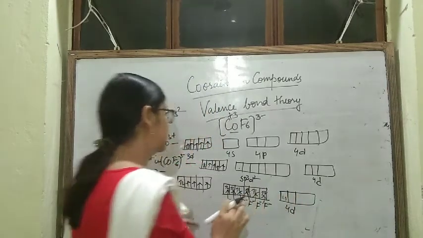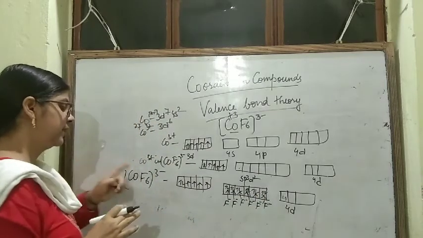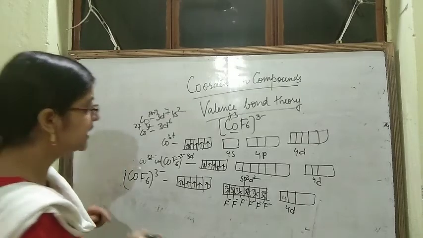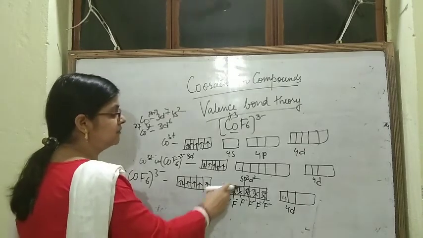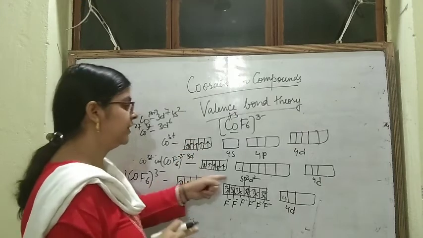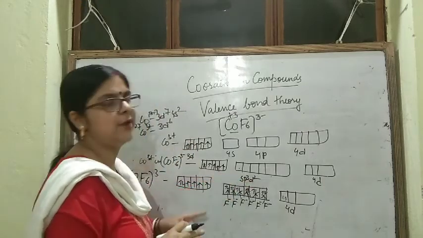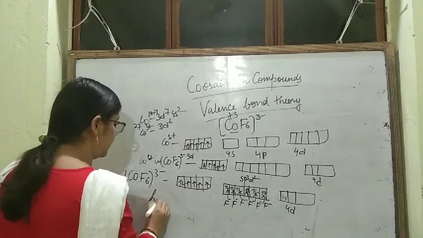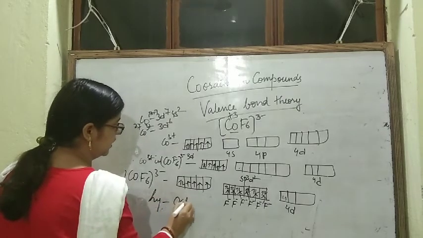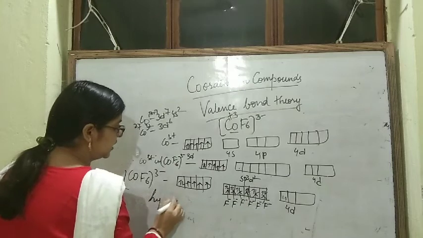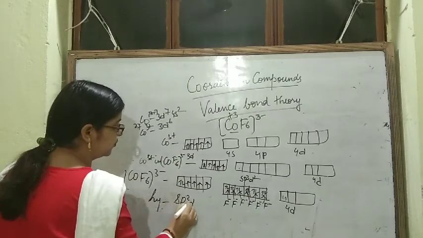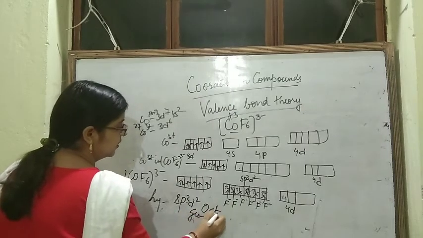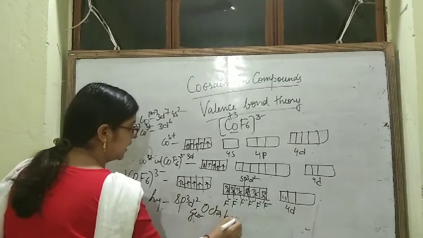It is vacant. Now, see, 6 F- ions are providing 6 pairs of electrons to form 6 coordinate bonds with the sp3d2 hybrid orbitals of cobalt. The hybridization is sp3d2, so the geometry is octahedral.